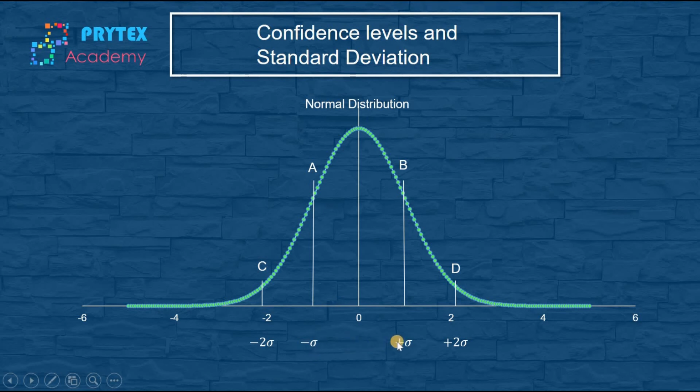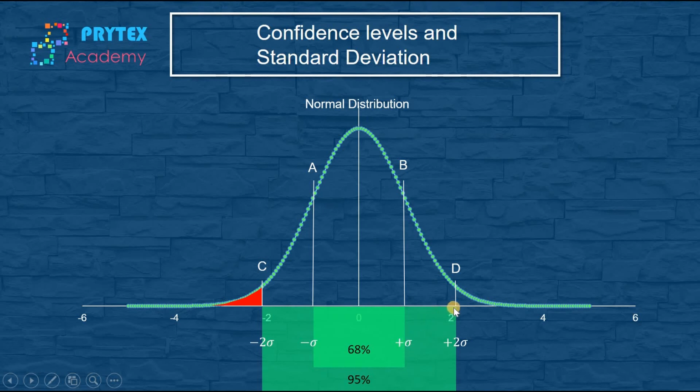One standard deviation has a range of +1 standard deviation to -1 standard deviation. As we have said, the underlying data that forms this normal distribution curve, 68% of that data will fall in one standard deviation range, that is from -1 sigma to +1 sigma.